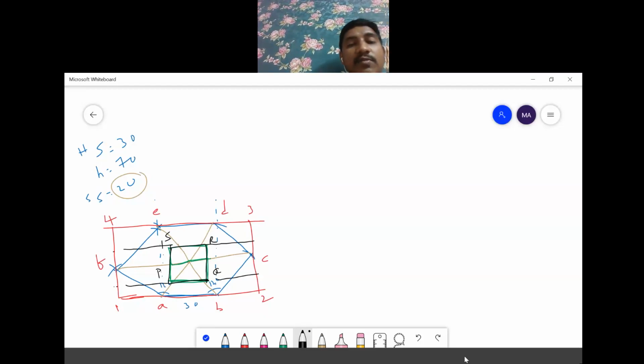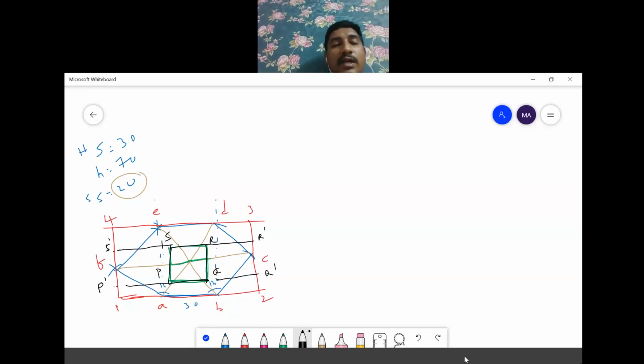This will be R dash, this will be Q dash, this will be S dash, this will be P dash. Is it clear? First, I will construct this hexagon here.